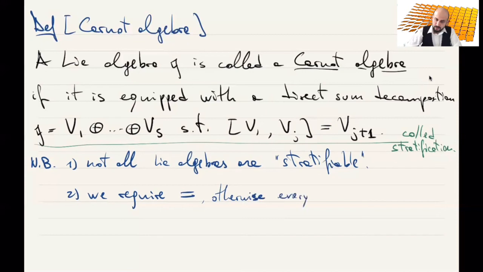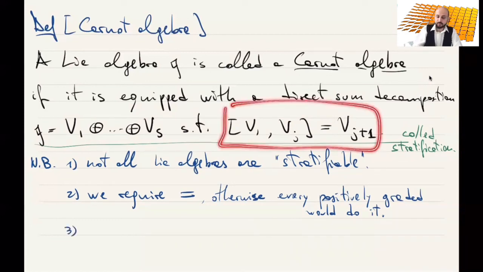Otherwise every positively graded one would do it. However, it's even true that not all positively graded Lie algebras admit stratifications. But still, from this property, you can prove that also you have Vi bracket Vj is equal to Vi plus j.